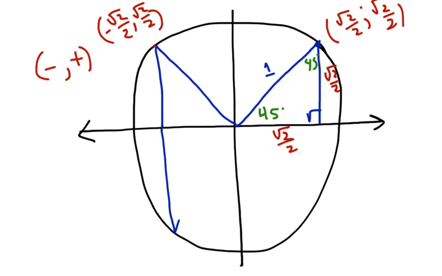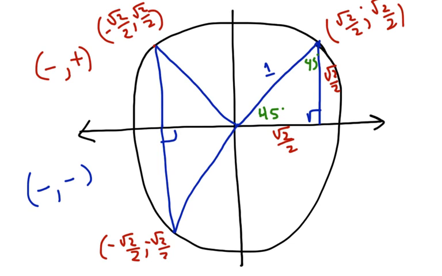I'm going to draw it down again here. And we get the same point, except both in quadrant 3, they're both negative. So I'm going to have negative root 2 over 2 and negative root 2 over 2. Do it one more time. I'm going to draw it better.